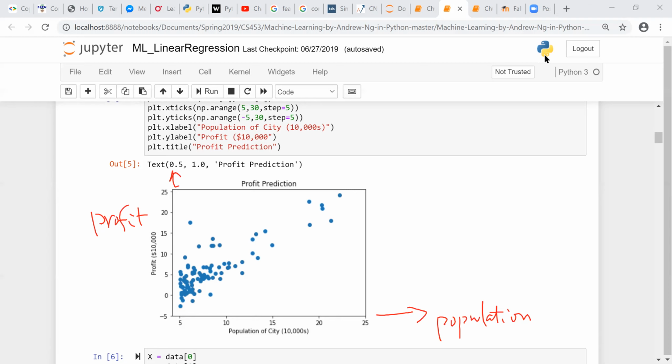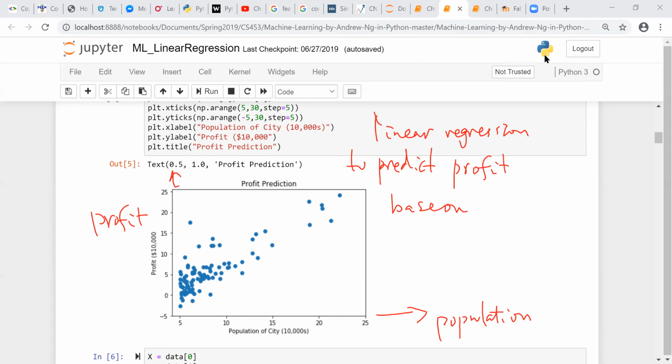Based on this, we try to use linear regression to predict profit based on population. That's its goal. And over here, we try to use a linear model.